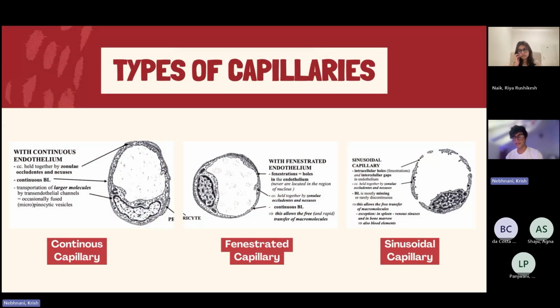Sinusoidal capillaries are a bit similar to the fenestrated ones, but they have more fenestrations, more holes. They allow more blood and more macromolecules to pass through. It's not regulated and controlled compared to continuous capillaries. They're mostly present in the spleen and bone marrow because blood needs to be transported there.